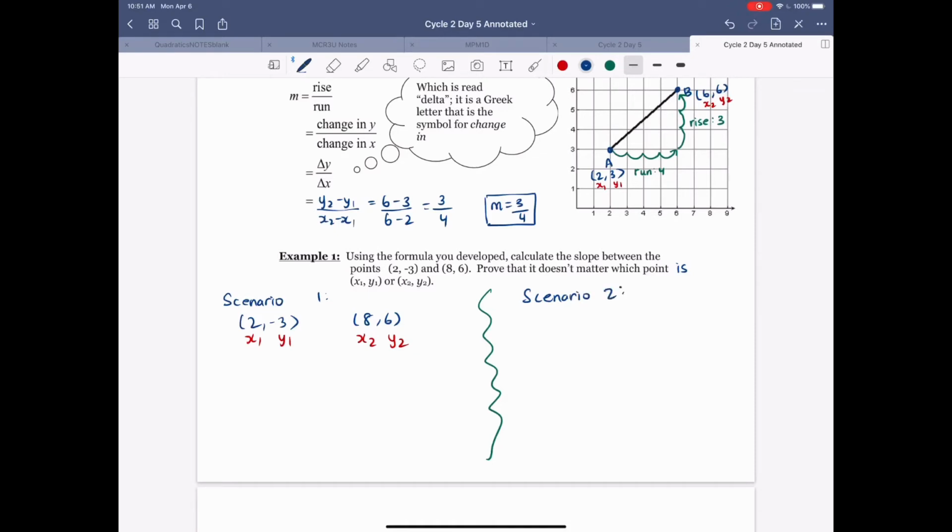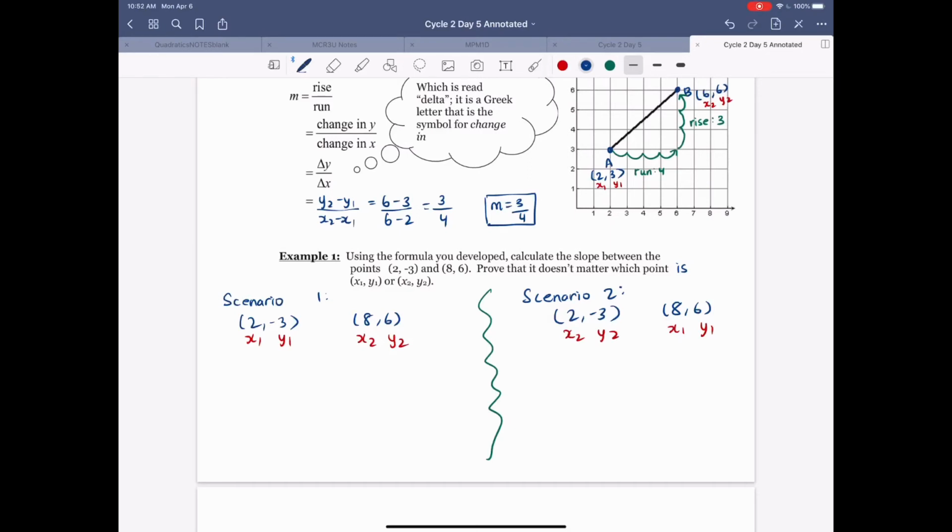Scenario 2 is I have 2 comma negative 3 and 8 comma 6, and I'm going to label that as x2, y2, and x1, y1. So do you think it's going to make a difference me labeling 2 comma negative 3 as point 1, and then in a different scenario labeling 2 comma negative 3 as point 2?